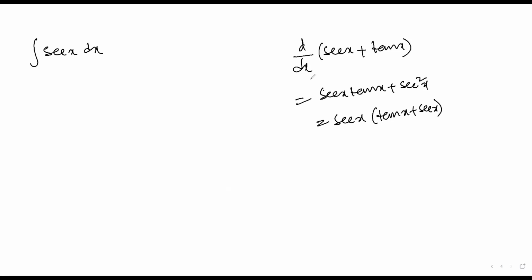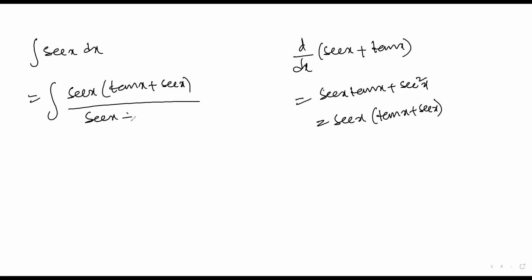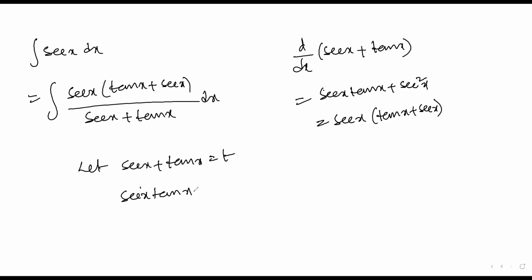So what you should do is multiply and divide with secant x plus tan x. Why? So that now let secant x plus tan x be t. Then dt is secant x tan x plus secant square x dx.